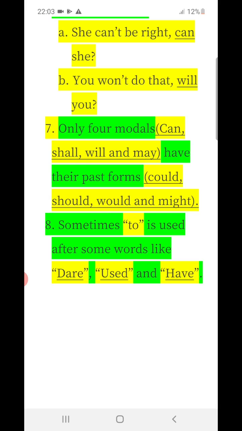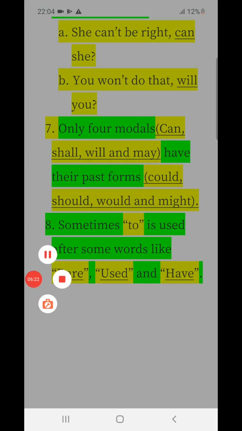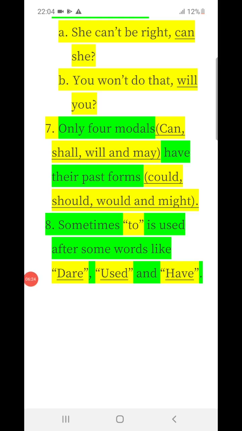Next, number 8. Sometimes to is used after some words like dare, used, and have. Like dare to, used to, and have to, or has to suppose. Also, had to.